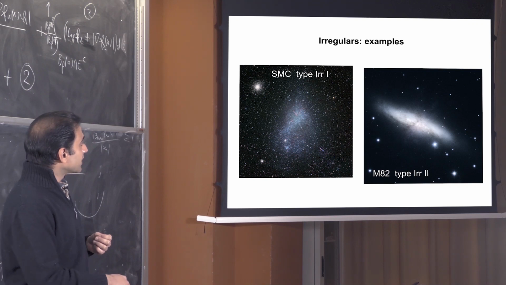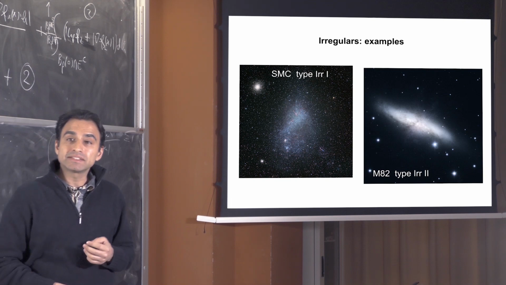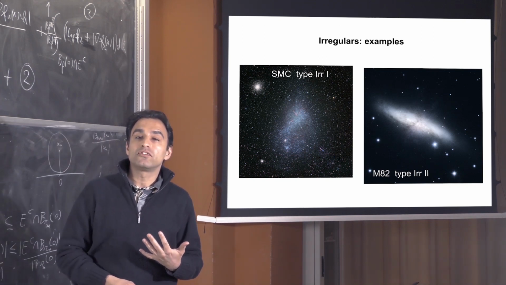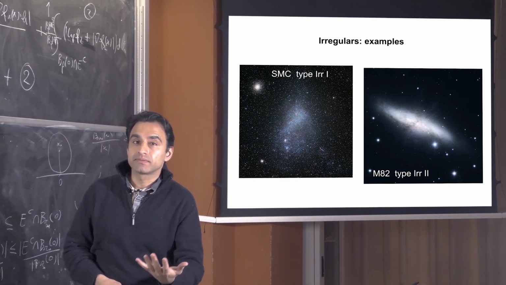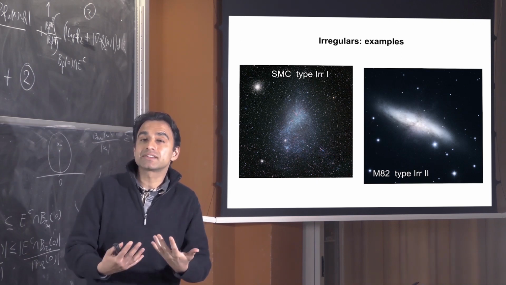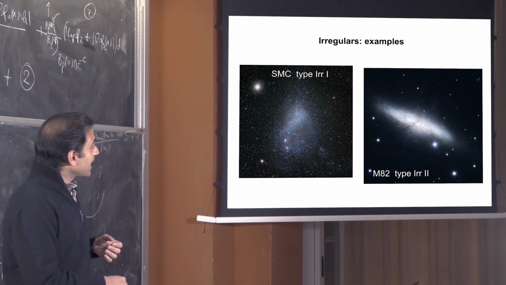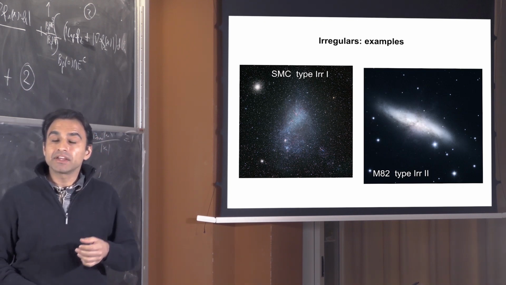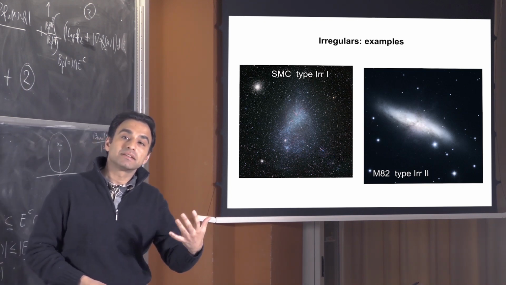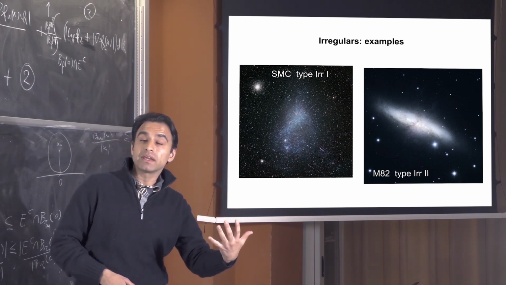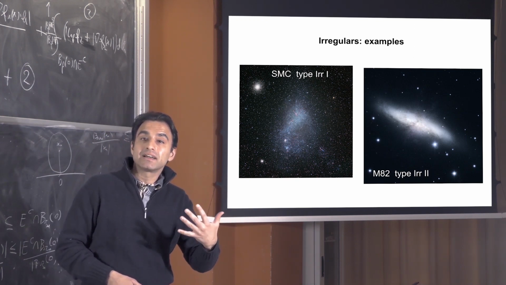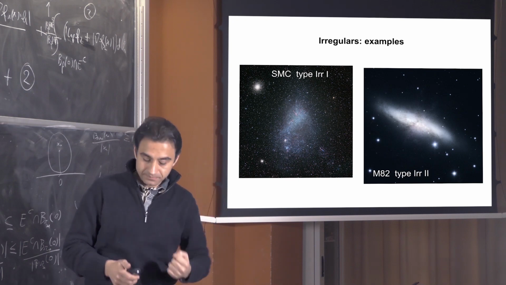The main difference between the type 1 and type 2 irregulars is on their level of star formation rate, so how many stars they are forming per unit time. The irregular type 2 galaxies are usually starburst, so what that means is that they are forming stars at a very high rate.